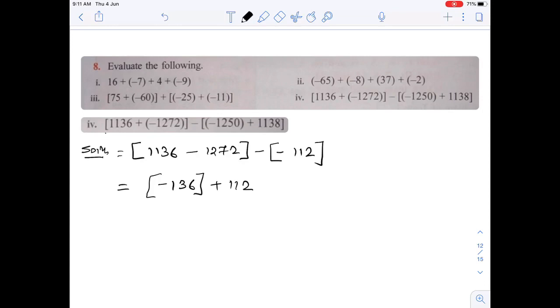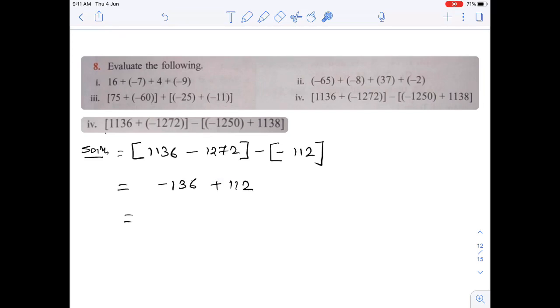Okay, we'll remove bracket for this one also. Now both numbers 136 and 112, they are having opposite sign, so when numbers are having opposite sign, we do subtraction. Remember this rule, when signs are followed, we change the sign if required, and when numbers are having opposite sign, we do subtraction of numbers.